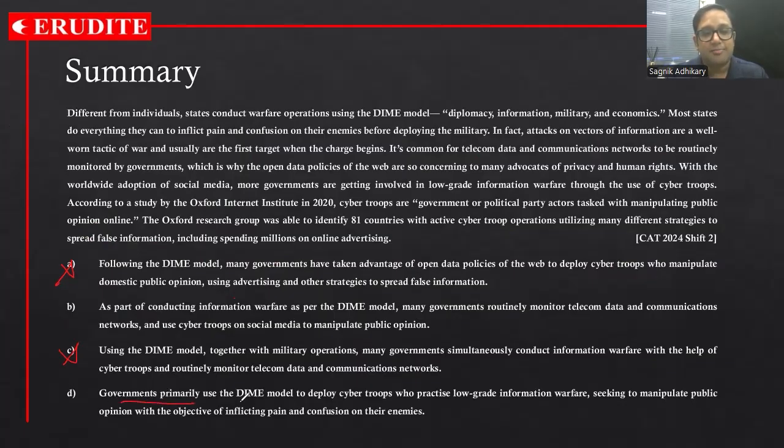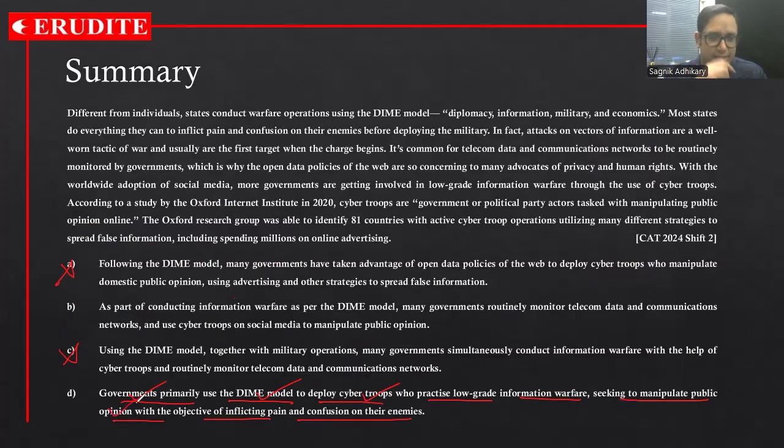D says, governments primarily use the DIME model to deploy cyber troops who practice low-grade information warfare, seeking to manipulate public information with the objective of inflicting pain and confusion on their enemies. Now, again, we have distortions here. Governments primarily use the DIME model, two tallies. Cyber troops, this is the third methodology, practice low-grade information warfare, seeking to manipulate public opinion.